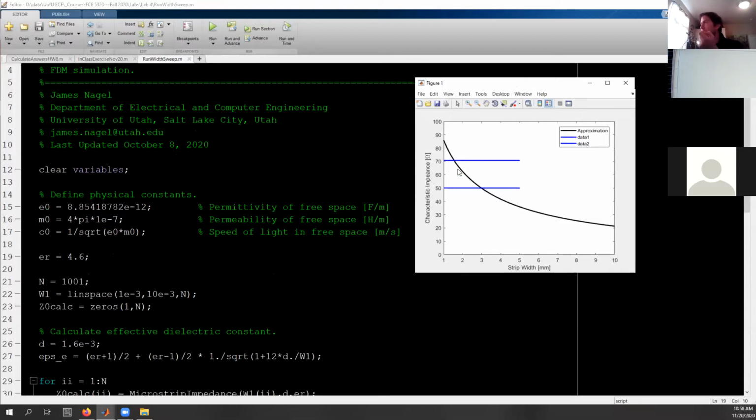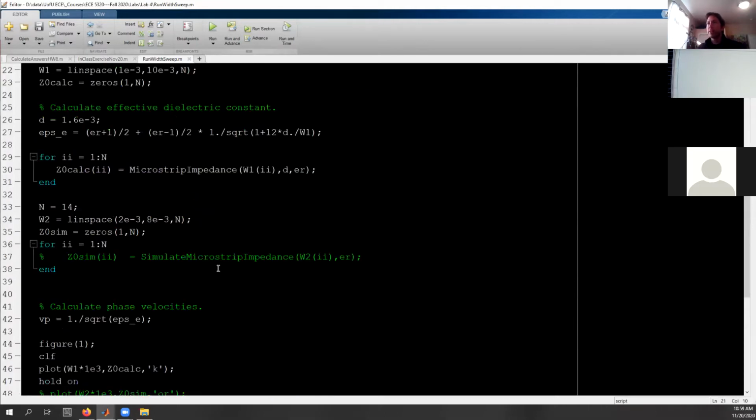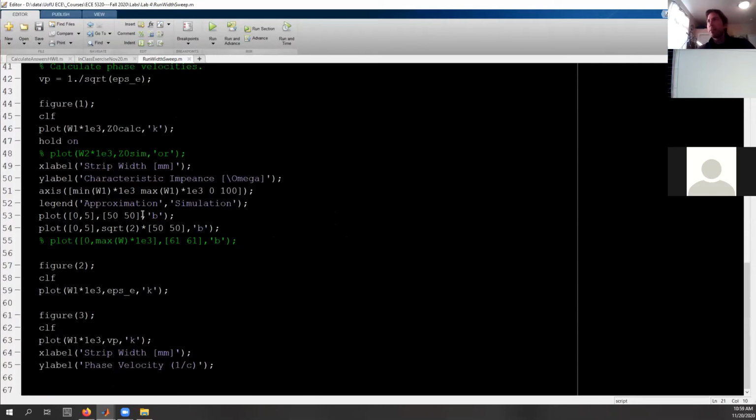For the Wilkinson divider, you needed a slightly higher impedance for that little branch bit. So that meant I had to shrink my strip width down a little bit. To go to 1 over square root of 2, we have to go in the opposite direction. So instead of multiplying by square root of 2, I'll just divide.